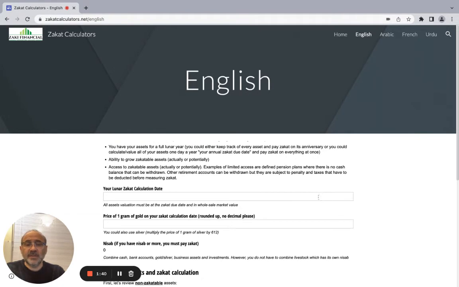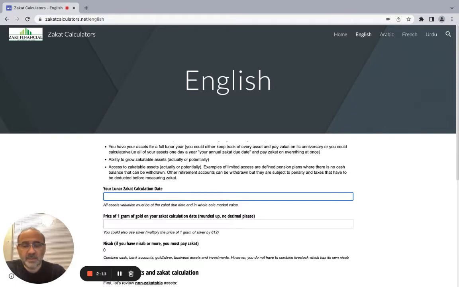So first, when you do zakat, choose the date. So lunar date. By the way, in this calculator, you can use a regular Gregorian date, like today, April 15th, for example, and it will calculate the rate at the end in Hijri lunar year and solar Gregorian year for you, okay?